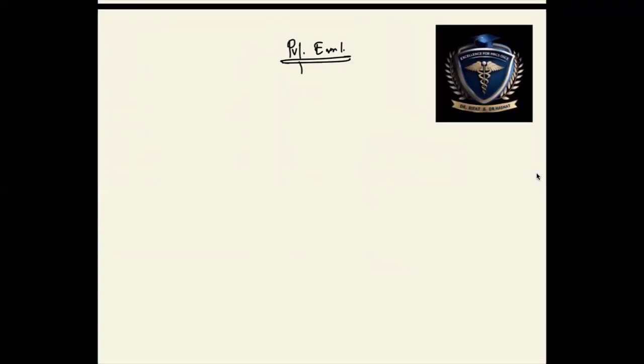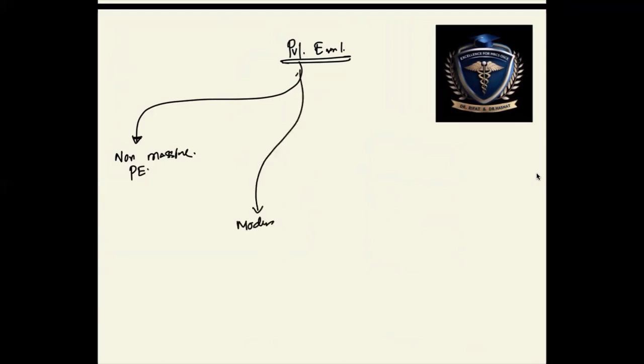So let's categorize 3 types. One is non-massive pulmonary embolism, another is moderate pulmonary embolism, and another is massive pulmonary embolism. So these are the 3 types.